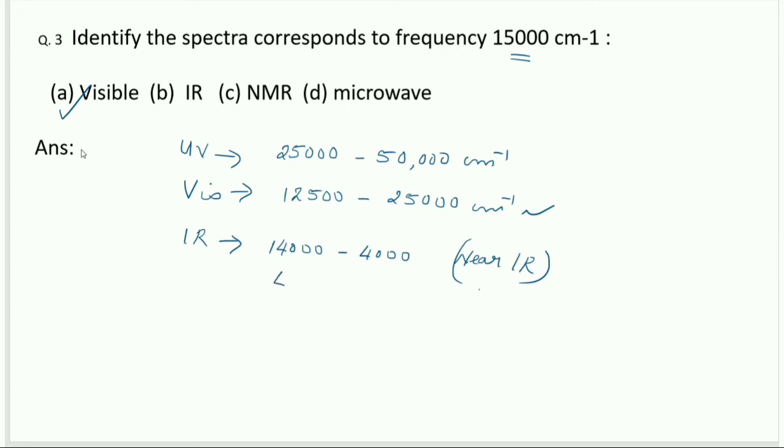Then 4,000 to 400 is mid IR, and the last one is far IR, that is 400 to 10 centimeter inverse. So the answer for 15,000 is visible spectroscopy.